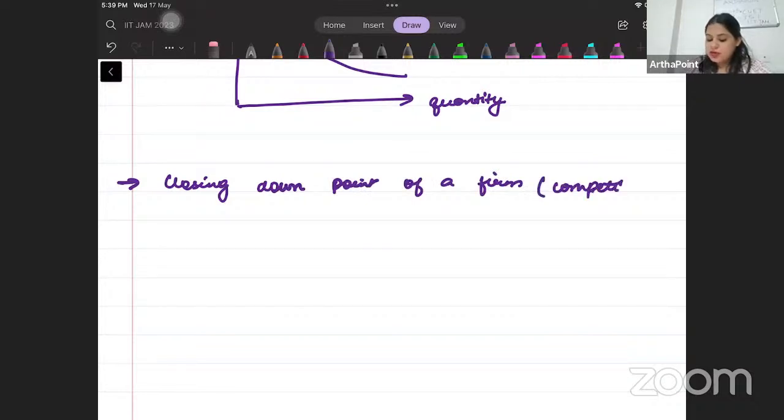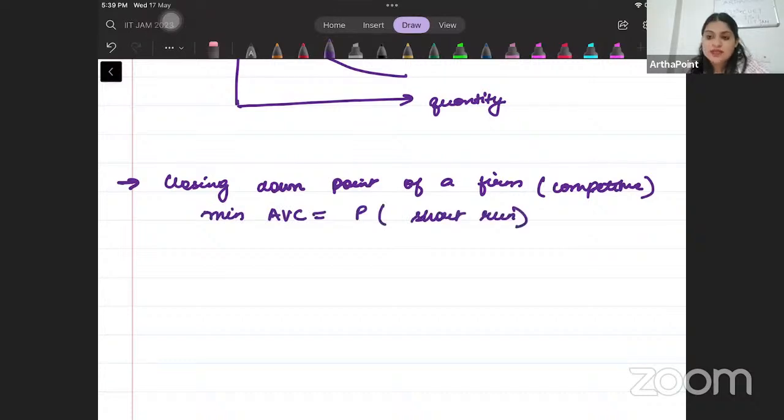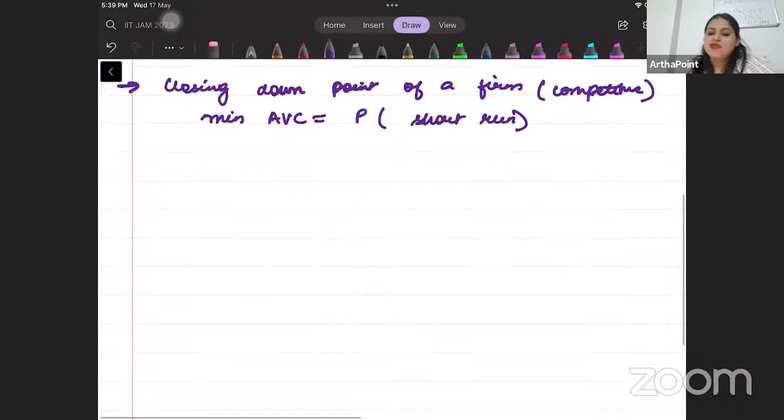That is where you have minimum of AVC equal to P in the short run. Right, beta? Very important. इन्हीं से ही MCQs बनेंगे, so you have to write these points down. As I said, किसी order में नहीं है. Development, eco, micro, macro सब mix है, but they are important pointers.